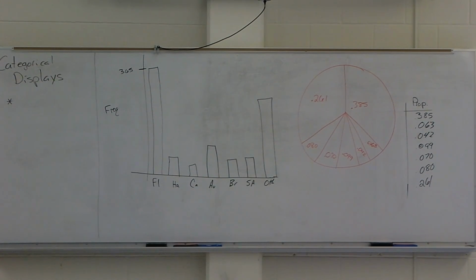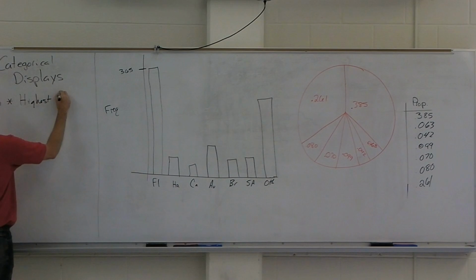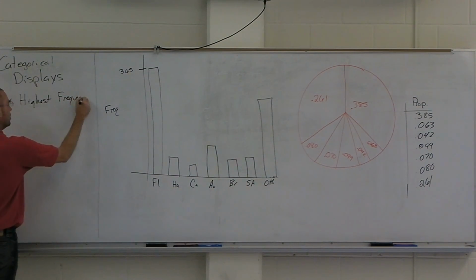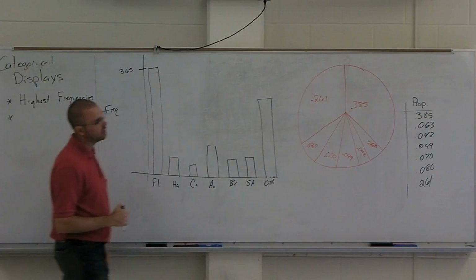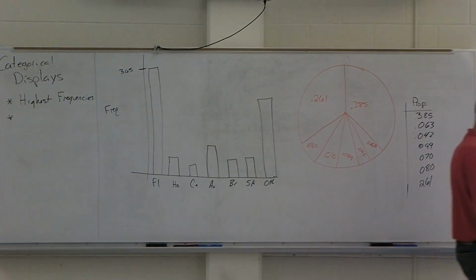But some of the things that we should focus on when dealing with categorical data is the highest frequencies. What categories have the highest frequencies? What else can we look at here?